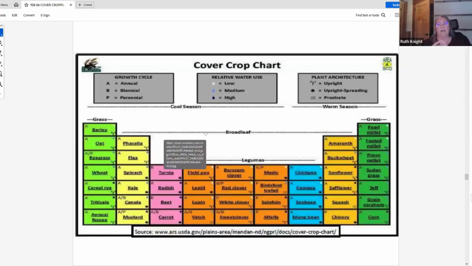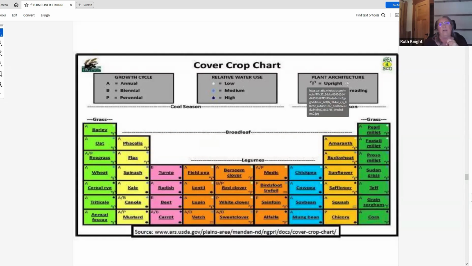So putting it all together, the chart might be a bit blurry, but this chart is from NRCS, and so it's broken down by the type: grass, broadleaves, legumes, and also broken down by the plant architecture, whether it's upright and spreading, or lying close to the ground, and its relative water use, and whether it's an annual, biennial, or perennial, and then if it's in a cool season or warm season.